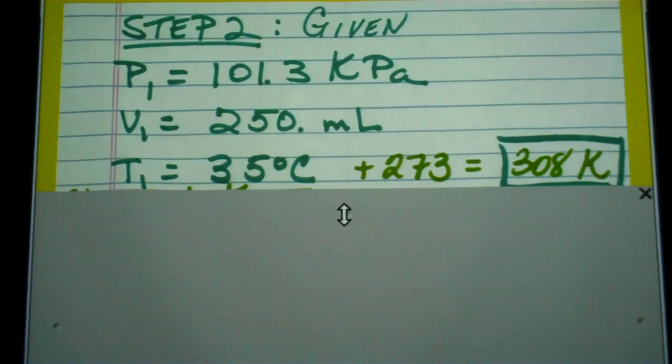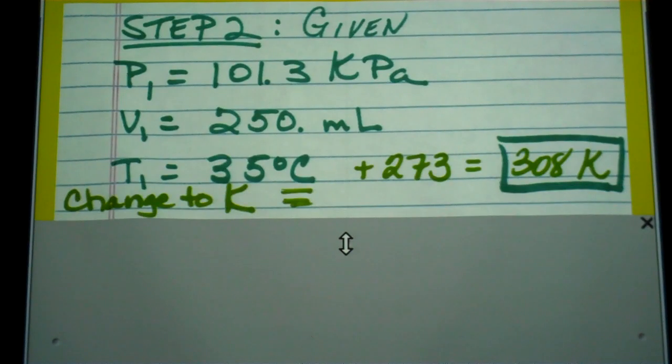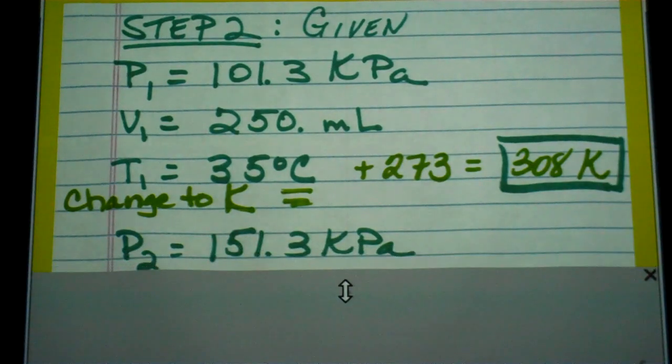However, we can't use Celsius in gas law problems. Therefore, you had to convert it to 308 by adding the 273 value. We also use Table T to get that conversion. You must change to Kelvin for gas laws. Now we have a second set of conditions.